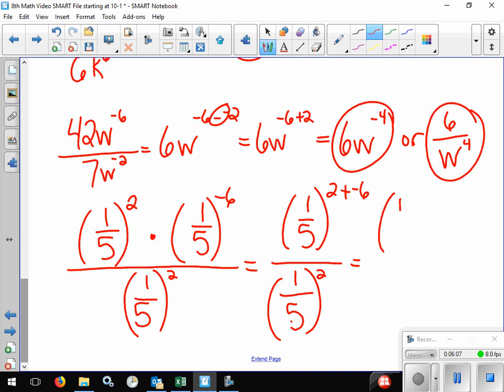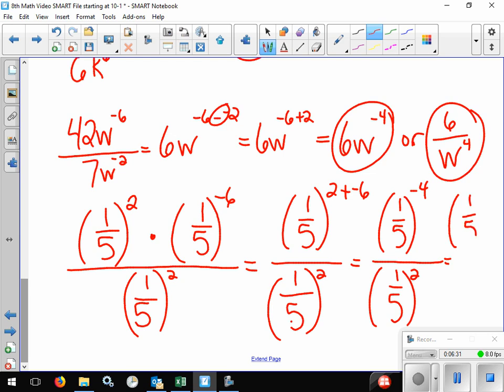So then we get 1/5, 2 plus negative 6 is negative 4, over 1/5 squared. So we're going to subtract our exponents. Okay, and we get, I'm running out of room, 1/5 negative 4 minus 2, right, because we're subtracting.